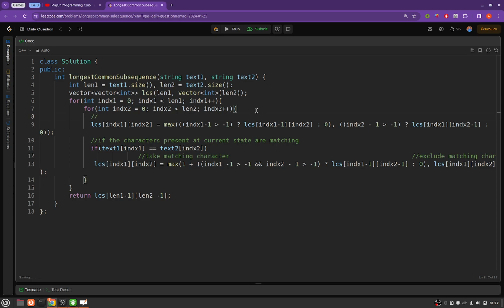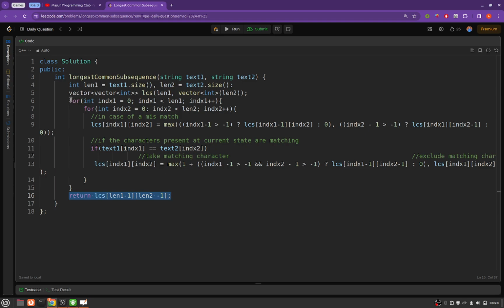So in case of mismatch, either you will be coming from one index previous from the first index, or from one index previous from the second index. And at last you will simply return your LCS.